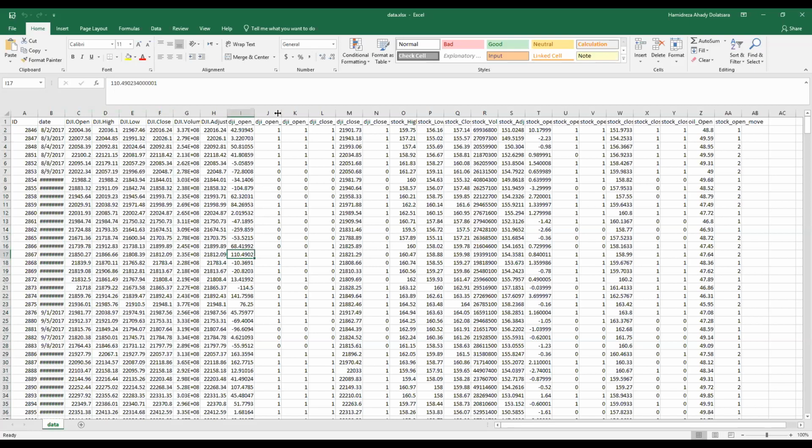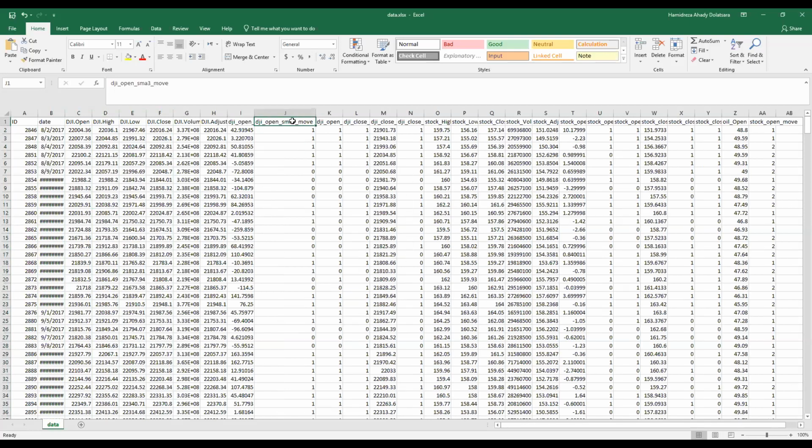For the variable that has move at the end of the name, it's 1 or 0. 1 means increase, 0 means decrease. So instead of putting up or down, or decrease and increase, I put 0, 1, but it doesn't mean 0 or 1 as numbers. It just means 1 means increase.